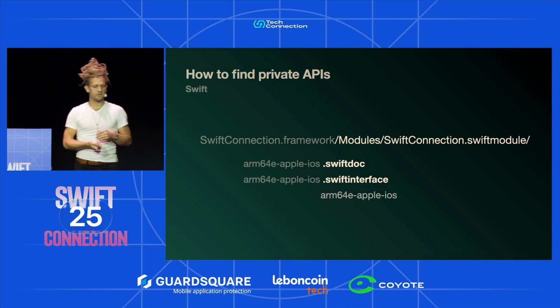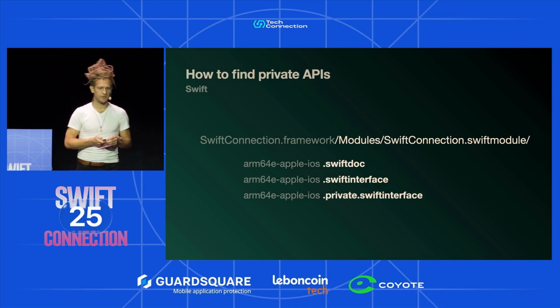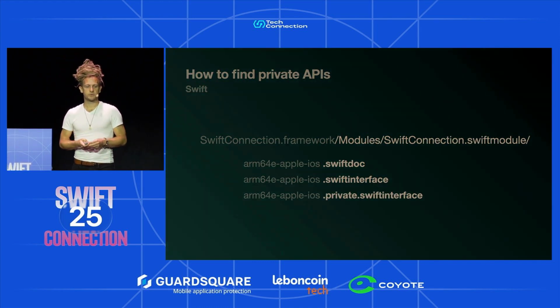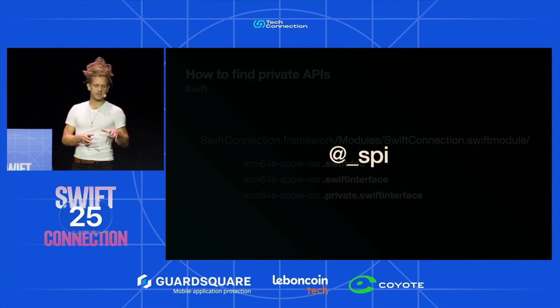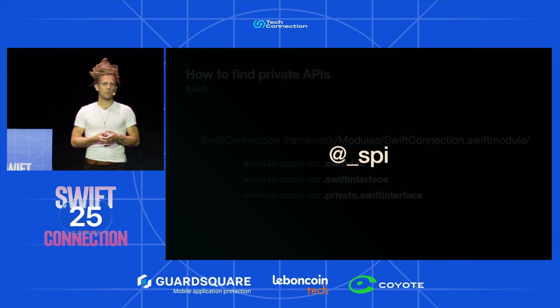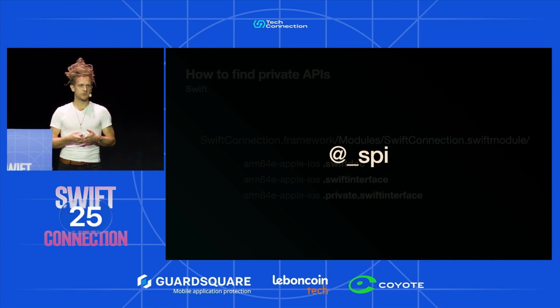And sometimes you will have a private Swift interface file. That is when you use a language feature called @_spi. I'm not going to detail it today. It stands for System Programming Interface. And all you need to know is that it allows you to distribute some APIs to a limited set of developers, those who know the SPI name.